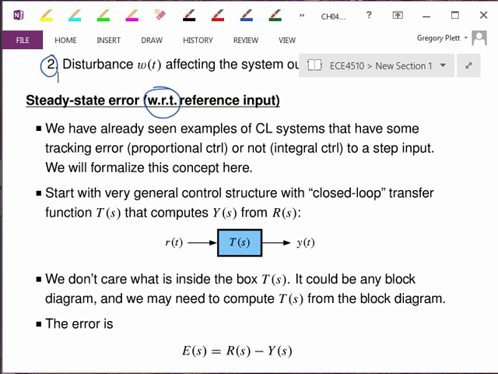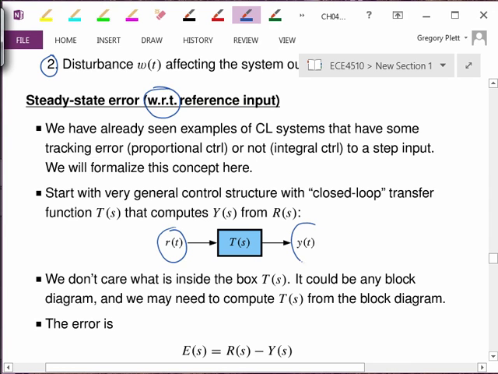So we're starting with a very general idea. I've got some system with a reference input I would like to track, and it has an output that shows how well I am doing at tracking that.